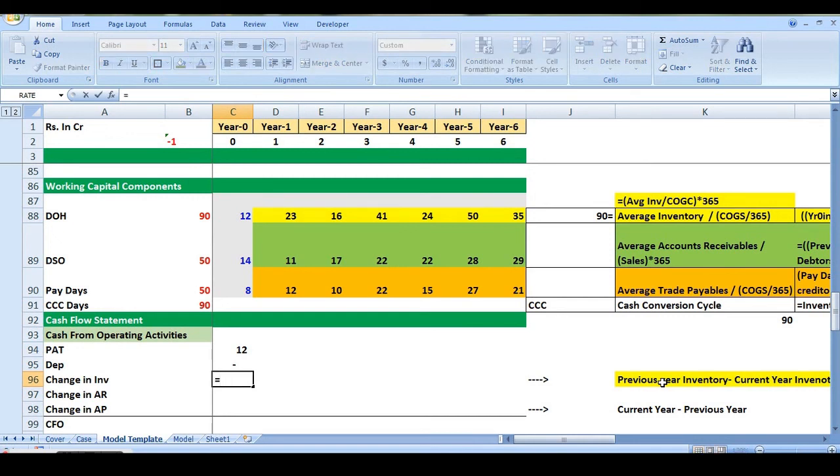Though here we are calculating the things for year 0, the previous year for it will become minus 1 year. So the formula will become previous year, that is minus 1 year inventory, minus current year's inventory.